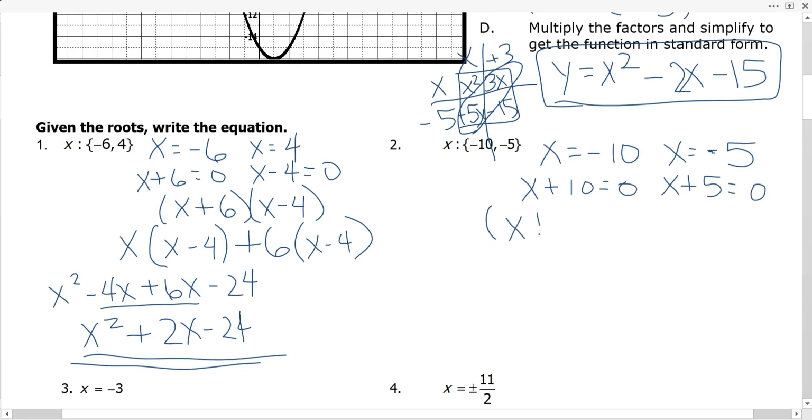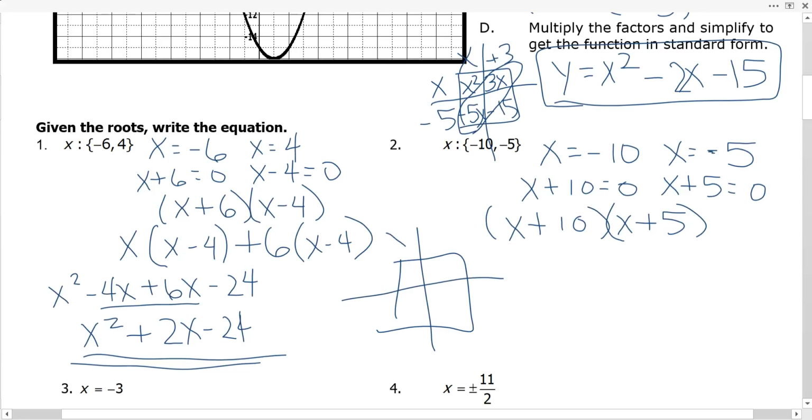I'm going to take my two factors and multiply them together. I'll make my box over here. I think I have room. So I have x plus 10 and x plus 5. X times x is x squared. X times 10 is 10x. 5 times x is 5x. 5 times 10 is 50.